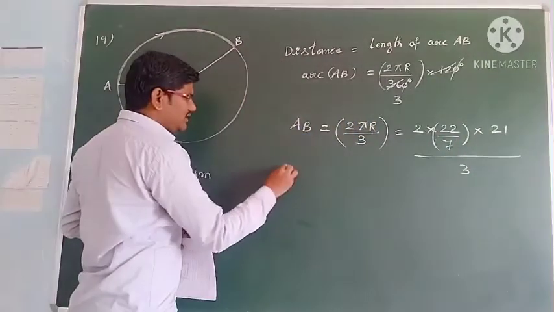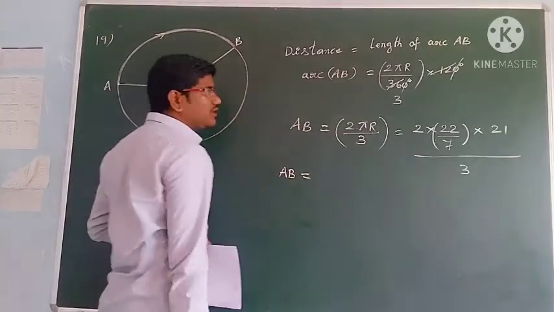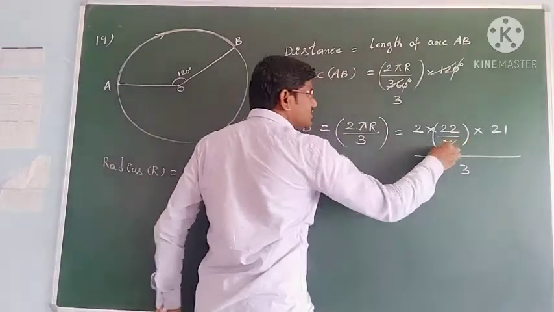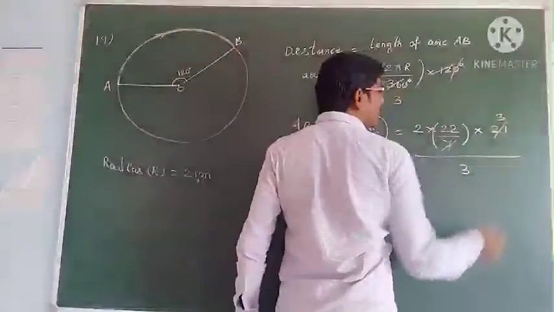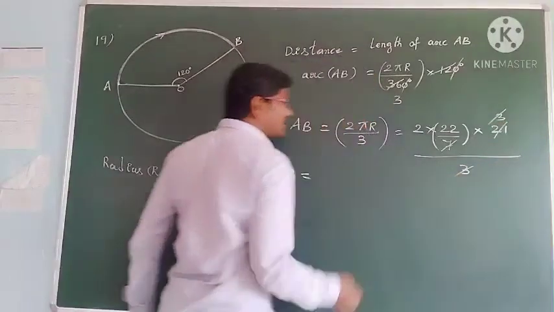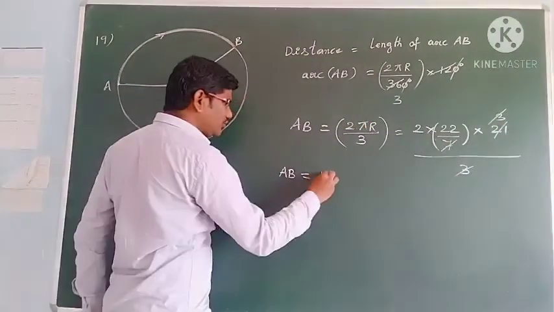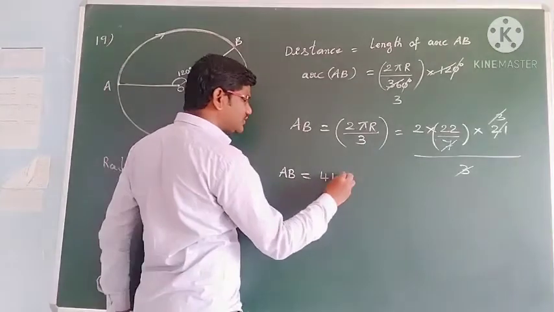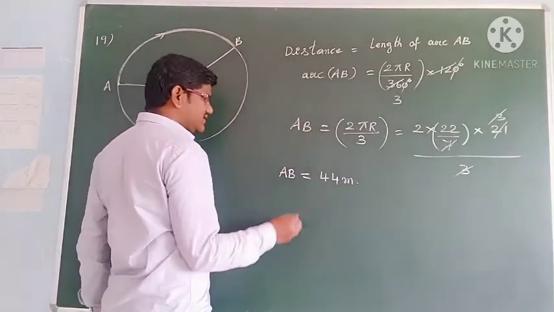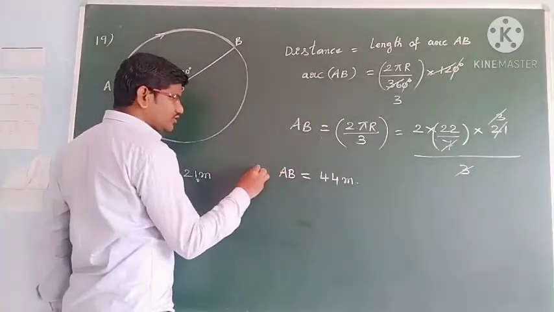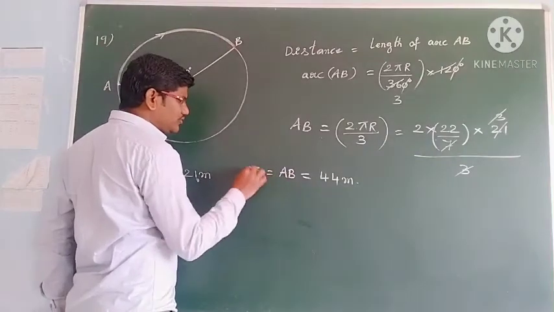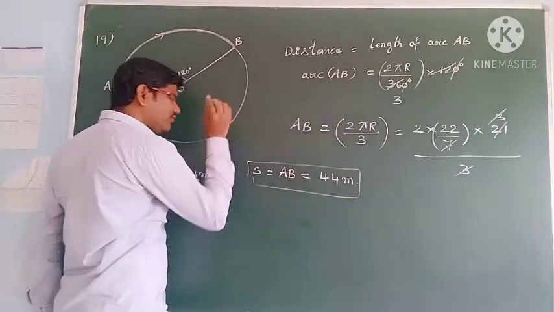So distance AB is equal to 7 3s are 21, and this 3 and this 3 get cancelled. 2 into 22 gives 44 meters. So distance is equal to 44 meters.